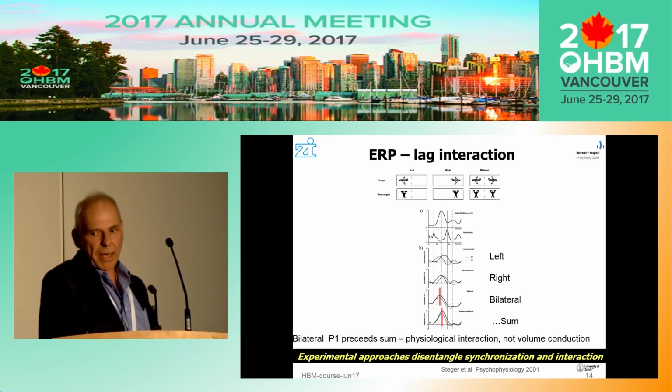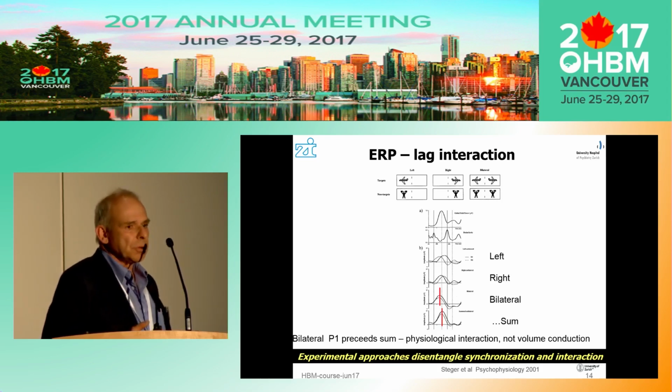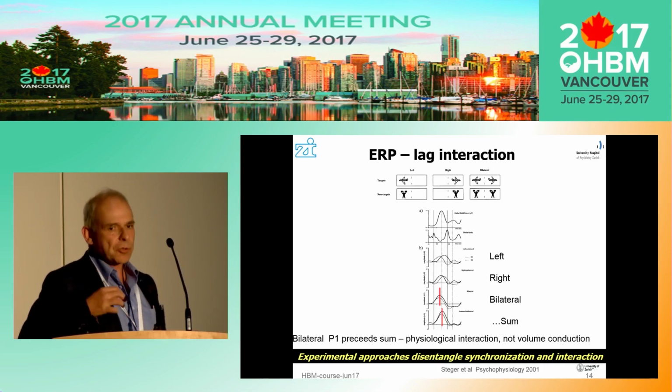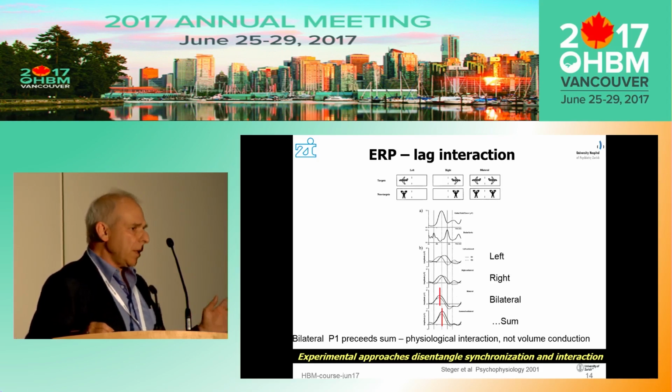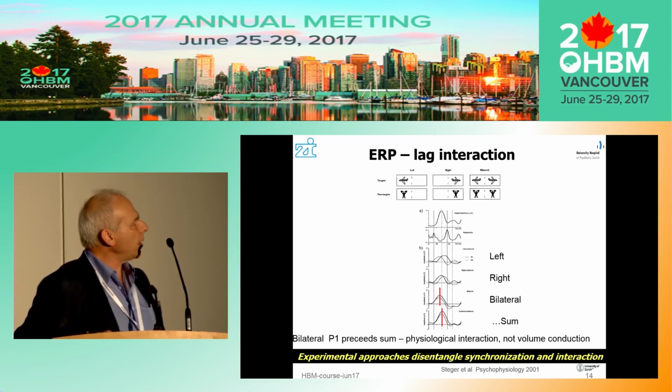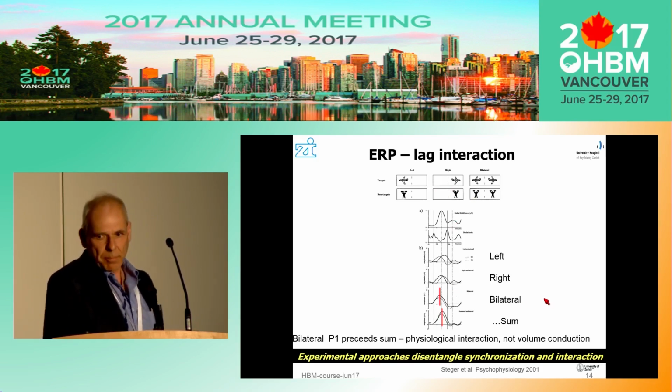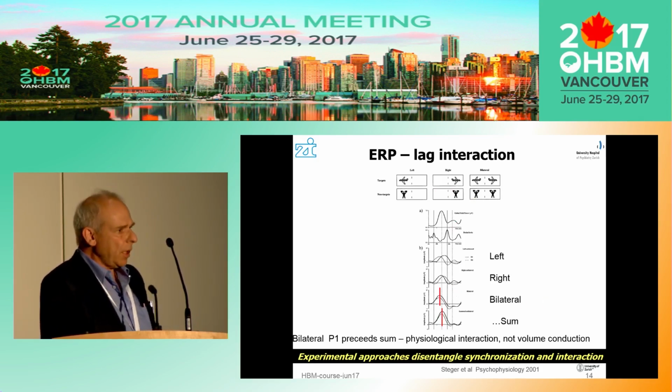And essentially, if the bilateral activation would reflect no meaningful neurophysiological interaction and connectivity, but just passive summation of left hemisphere and right hemisphere activation adding up, then what you would find is that the sum would be identical to the bilateral response that you find.